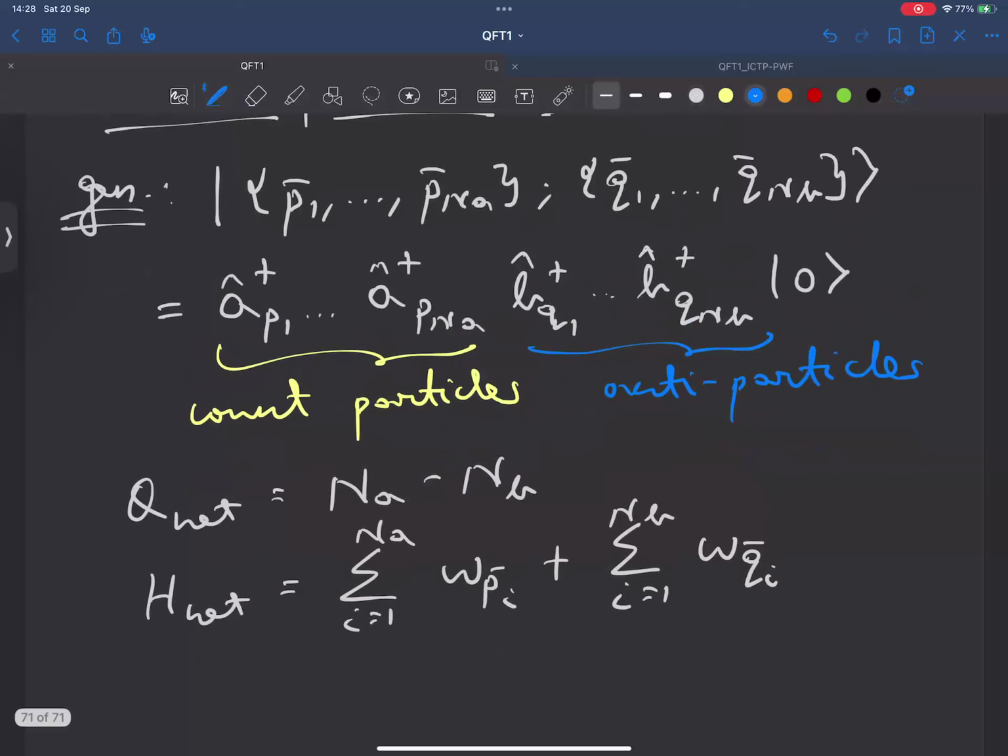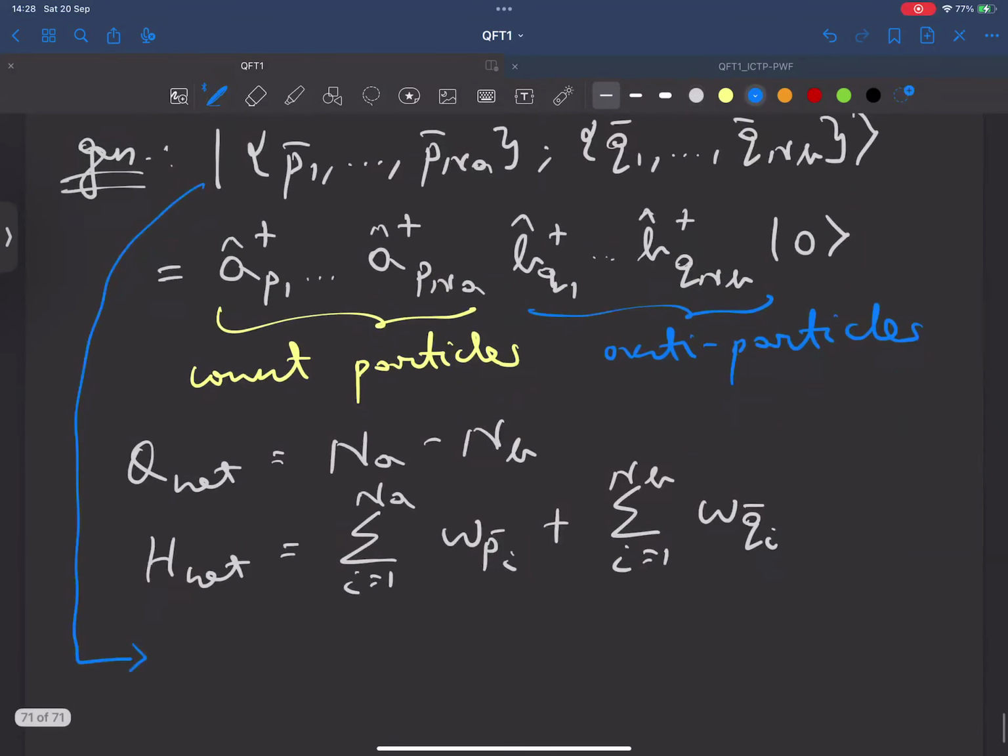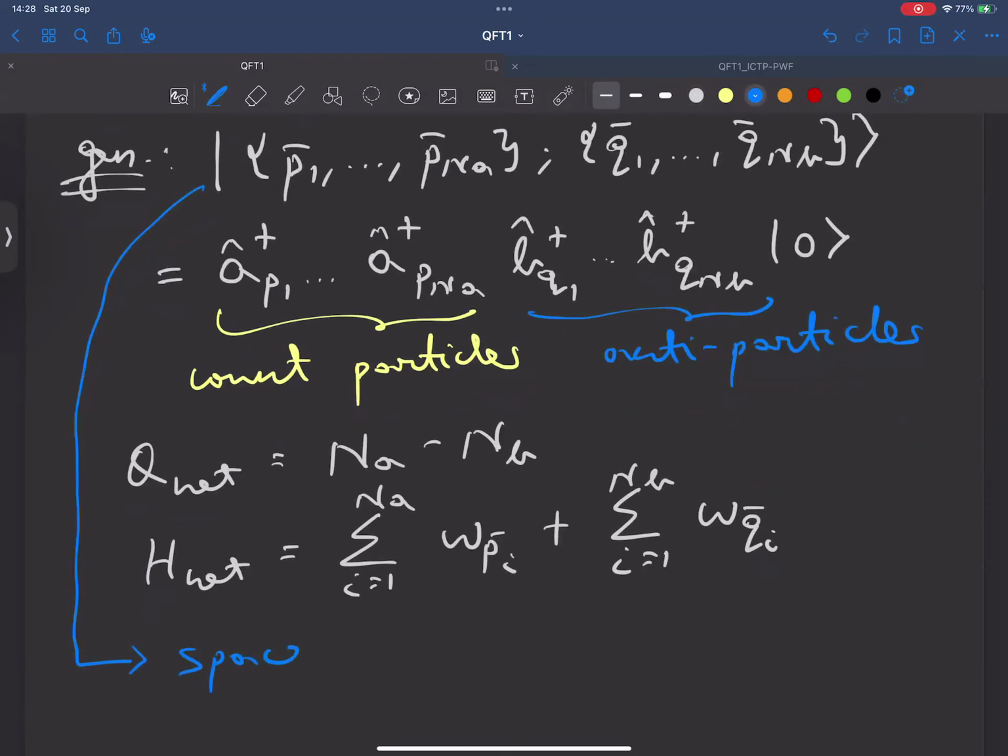And this generic state lives in a space which is called the Fock space.